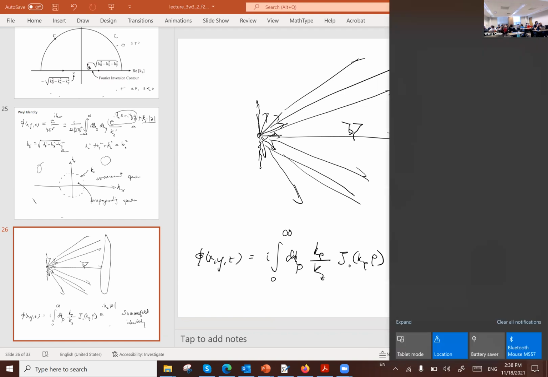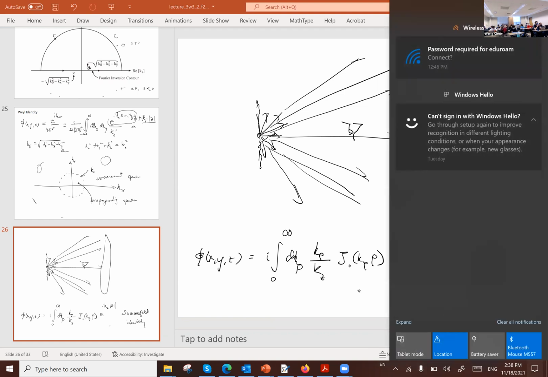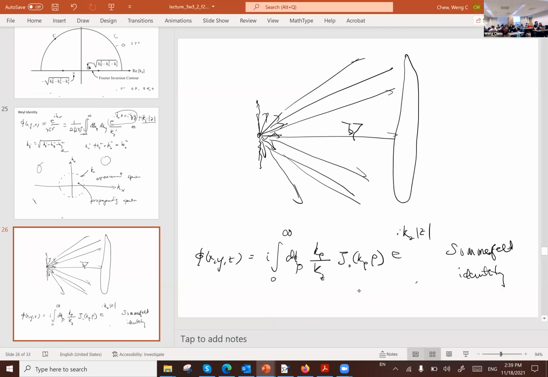Okay, so the good thing about this identity is that it only has one integration variable instead of two. If you use the Weyl identity, it's very intuitive, that is in terms of plane waves. But if you use the Sommerfeld identity, it's in terms of cylindrical waves, because cylindrical waves in the rho direction and plane waves in the z direction.